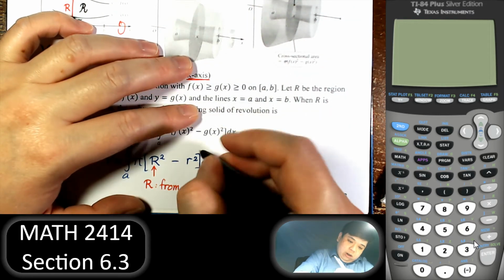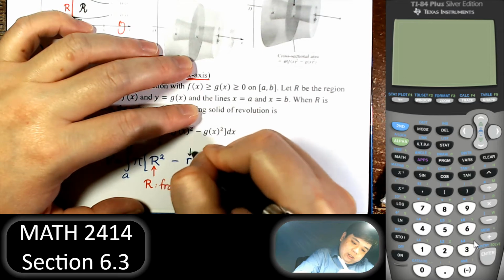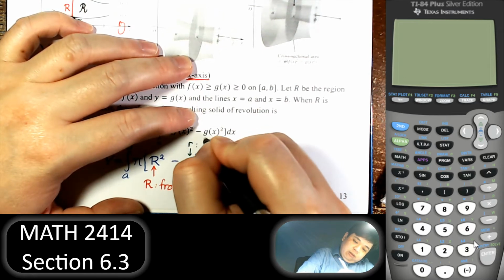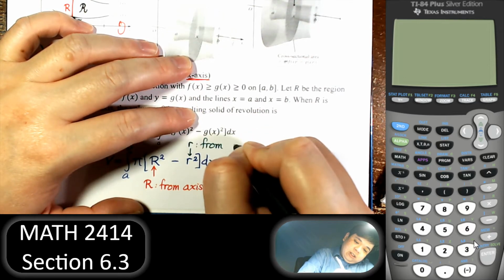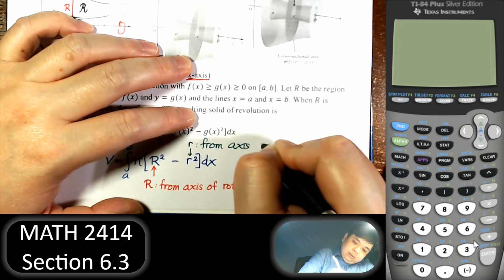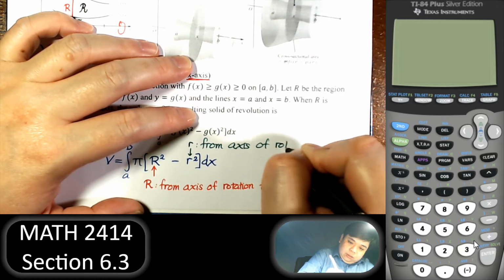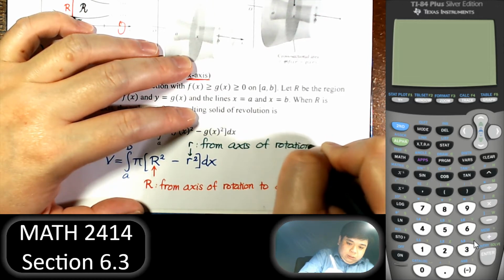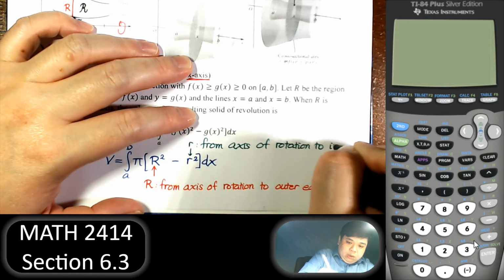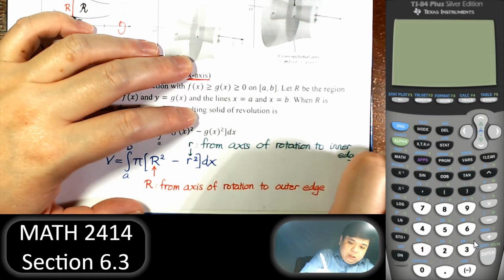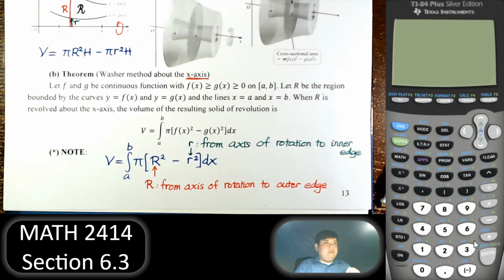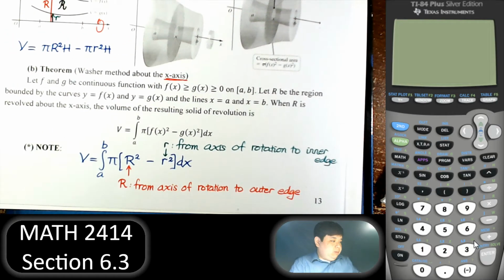And then the little r is from the axis of rotation to the inner edge. Right.